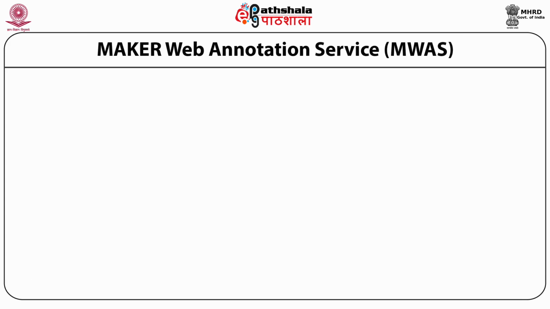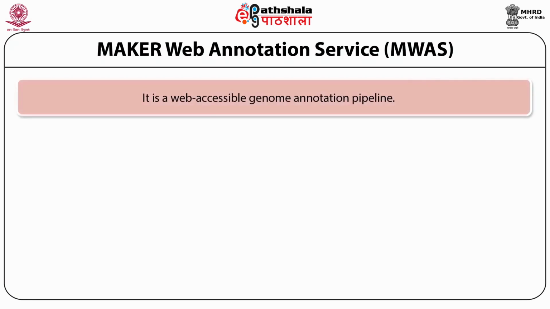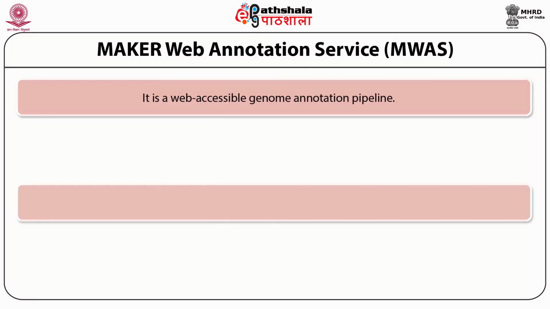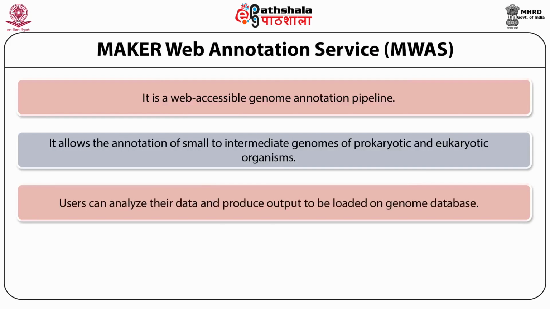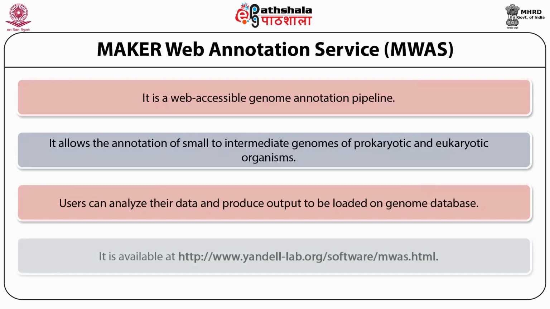Maker Web Annotation Service. It is a web-accessible genome annotation pipeline. It allows the annotation of small or intermediate genomes of prokaryotic and eukaryotic organisms. Users can analyze their data and produce output to be loaded on genome databases. It is available at the following link.